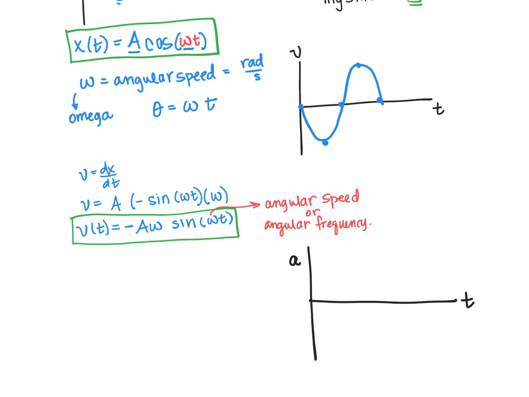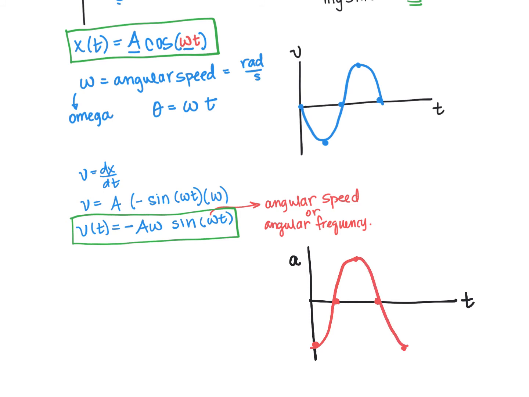Initially, the acceleration is very big. It's at a maximum because the pendulum is pulled the furthest back possible, but it's pointing in that left and down direction that I decided would be negative. So I'm going to have a negative acceleration, and then it becomes 0 as it passes through the equilibrium position. It'll become positive, it'll become 0, it'll become negative, and we begin to see a negative cosine curve.